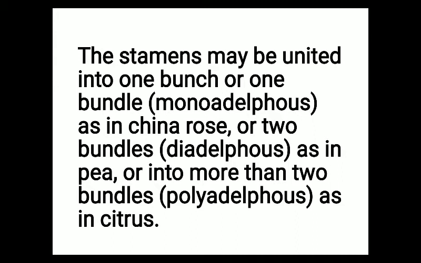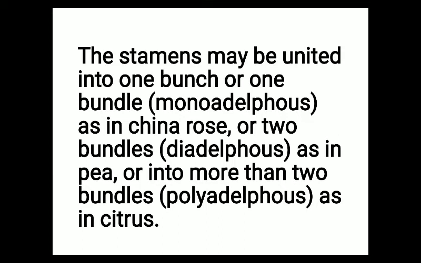This condition is known as monoadelphous condition, as in China rose, or two bundles. This condition is known as diadelphous condition, as in pea, or into more than two bundles, polyadelphous condition, as in citrus plant. So on the basis of the fusion of stamens, we can categorize this into monoadelphous condition, diadelphous condition, and polyadelphous condition.